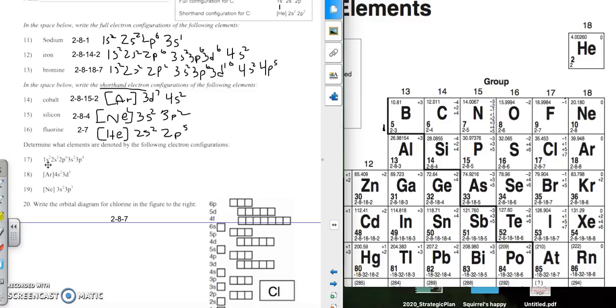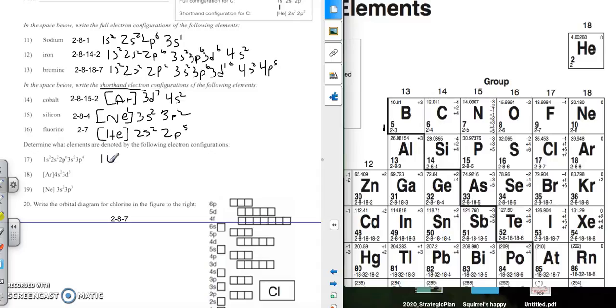So what you want to do here is, if you count up the superscripts, that will tell you the number of electrons. The number of electrons will tell you the number of protons. So 2 plus 2 plus 6, that's 10 total, plus 2, that's 12, plus another 4, that's 16.